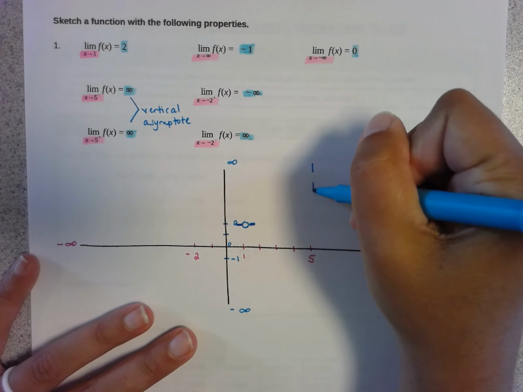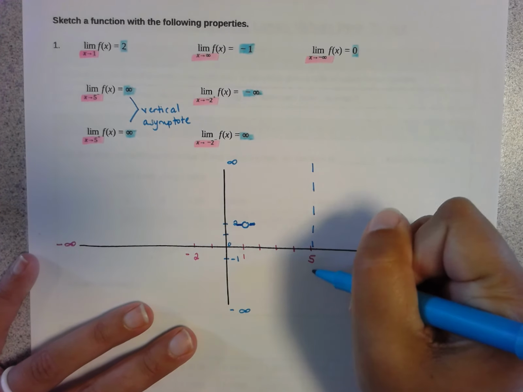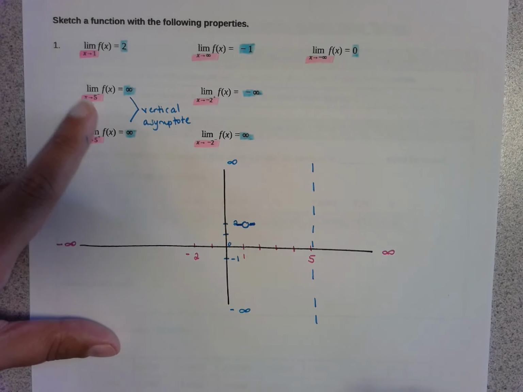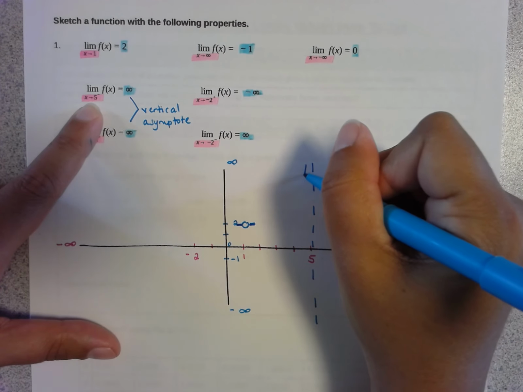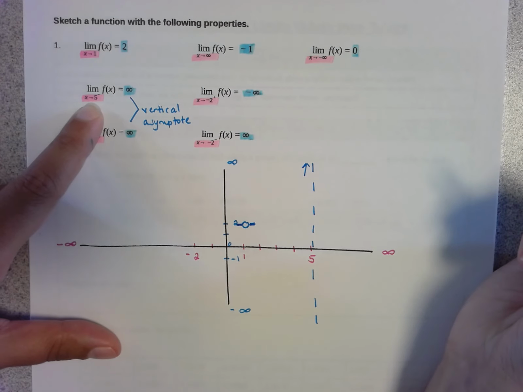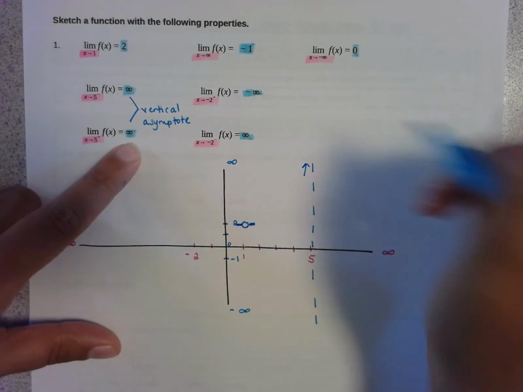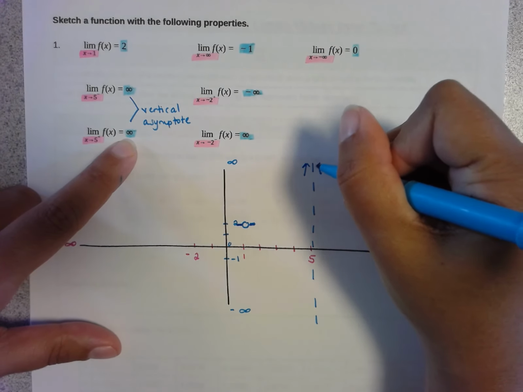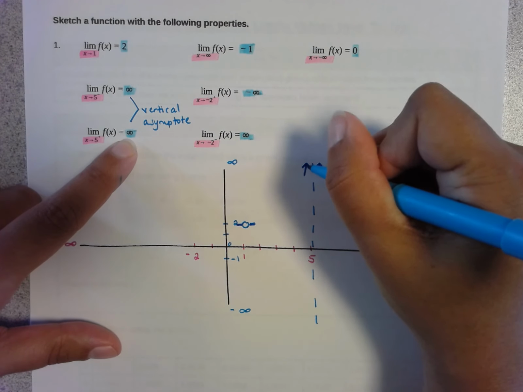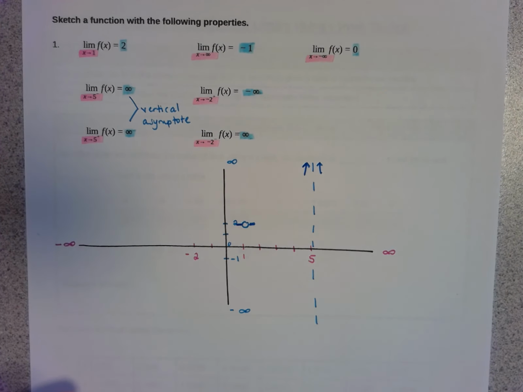So I would go ahead and draw a vertical asymptote here. Now from the left side, I want to go up. So I'm going to draw a little arrow pointing up on the left side of the asymptote. And from the right side, I want to go up. So I'm going to draw a little arrow pointing up on the right side as well.